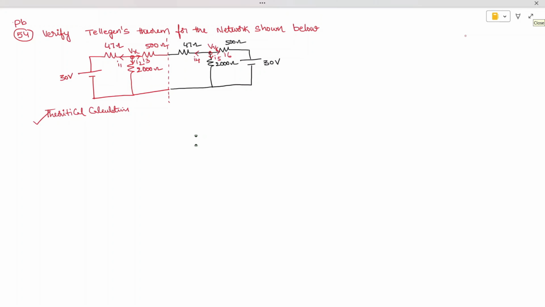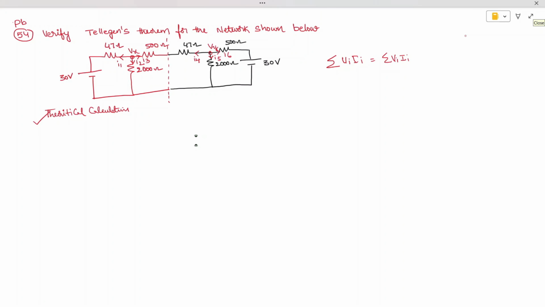If I find I1 to I6, then I can find out the current in all the resistive branches. Later we have to prove that the algebraic sum of voltages and currents of the sources is equal to the algebraic sum of voltages and currents consumed by the elements. Then this will be very useful to us.